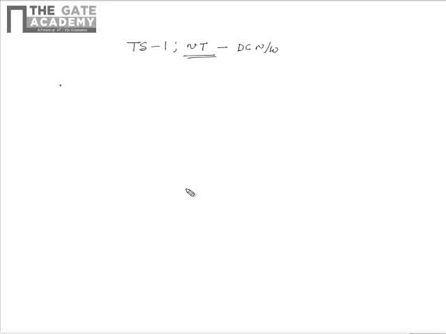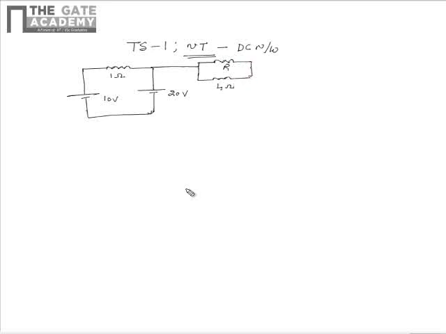As per the question, there is a DC network given which contains a 10 volts voltage source and a 20 volts voltage source which are connected by 1 ohm resistor, and this combination is in series with a parallel combination of R ohms and 4 ohms, and the whole combination is in parallel with 4 ohms.